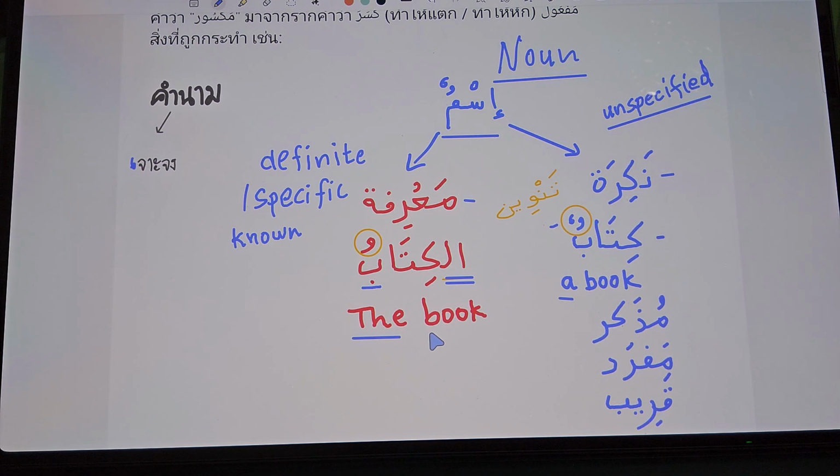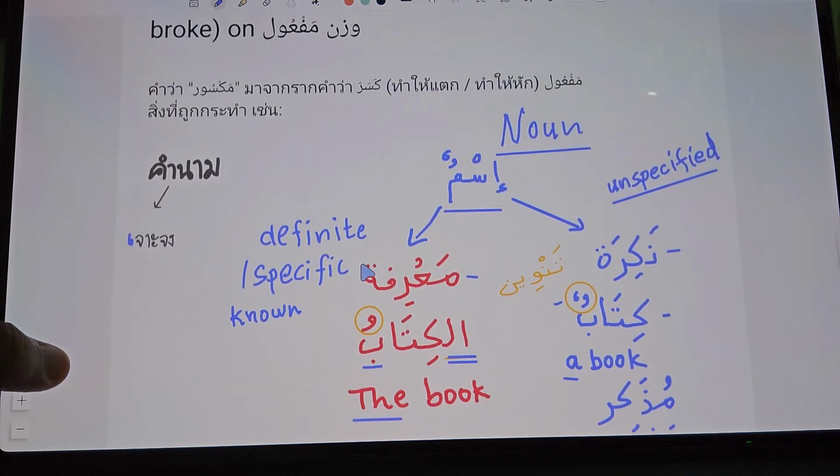When we say the book, we mean that specific book. In Arabic it's called ma'rifah. So we have ismun nakira, an unspecified noun, and ismun ma'rifah, which is specific or known. Tamam? I hope everybody understands.